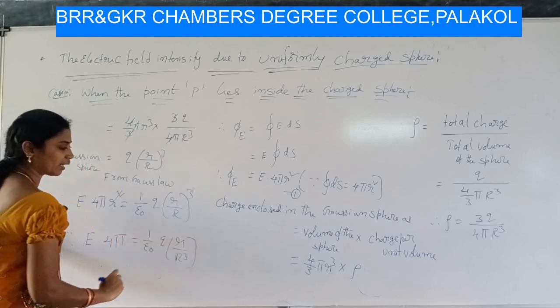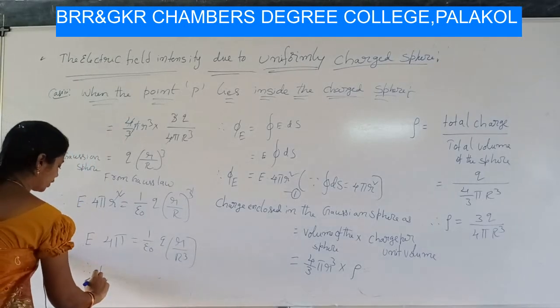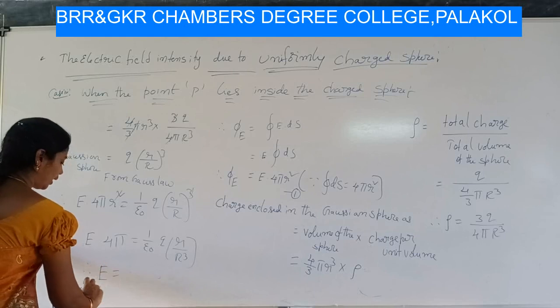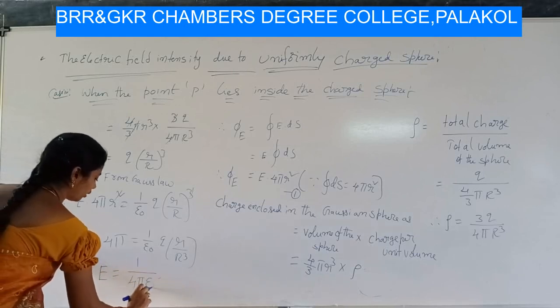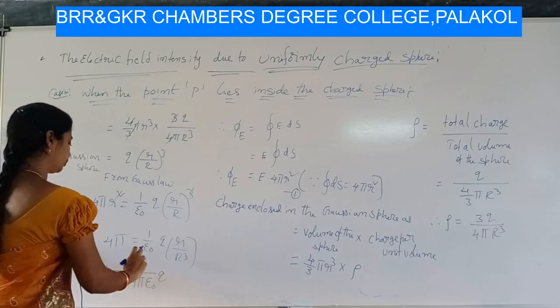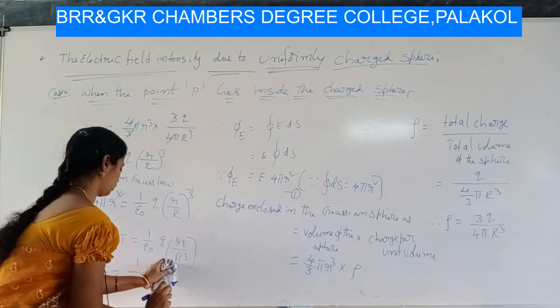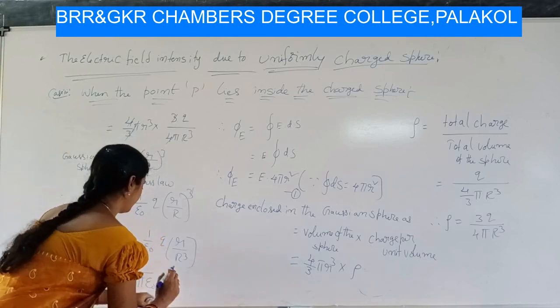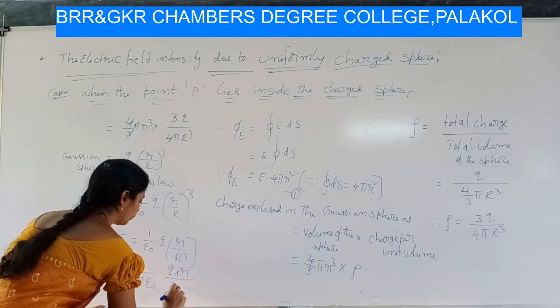We want to calculate the electric field intensity here. So the electric field intensity is 1 by 4 pi epsilon naught into Q into r by R cube.